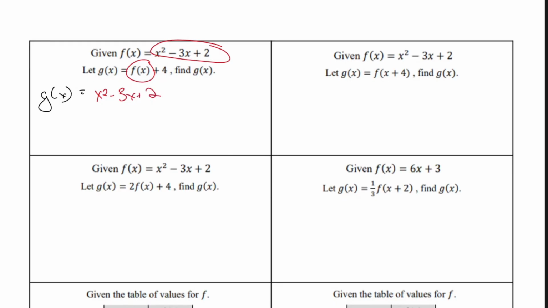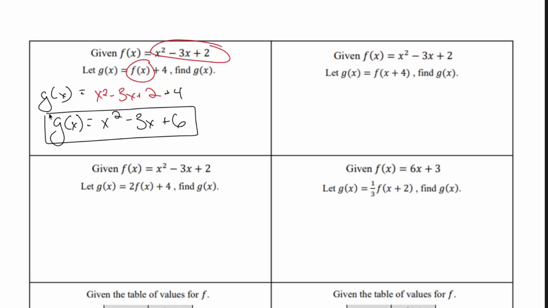And then we're going to add 4 to it, like that. So it just ends up being g of x equals x squared minus 3x plus 6. That's no big deal. However, this next guy, slightly bigger deal, has shades of AP calculus in it.